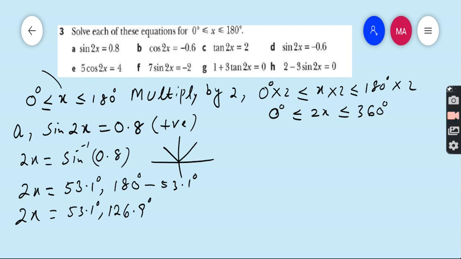But students, this is not our final answer. We should divide both the angles by 2 because we need the value of x, not 2x.